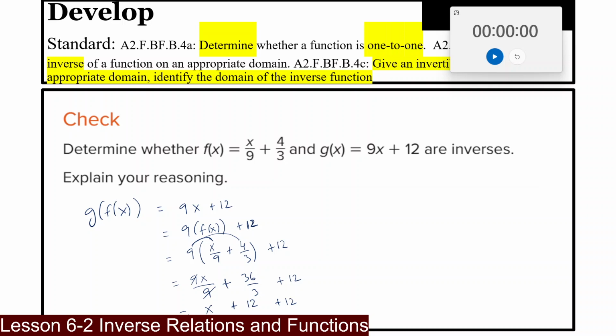If it was plus 12 and minus 12, it would cancel out, but it's not. So my final answer is x plus 24, which does not equal x, so not inverse. Alrighty, so this shows that f and g are not inverses of each other.